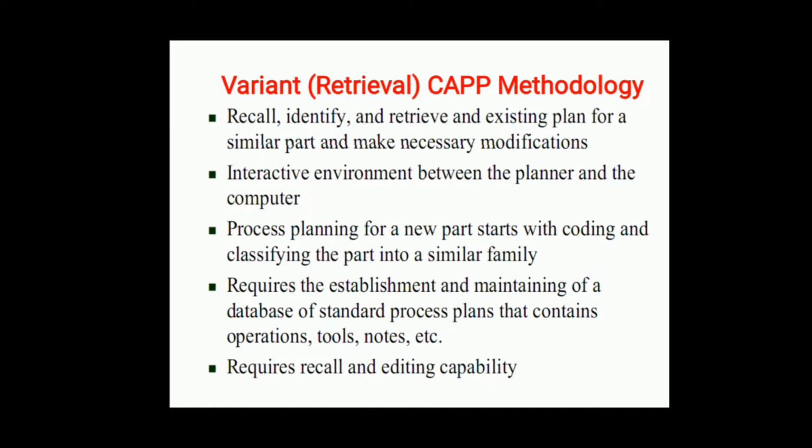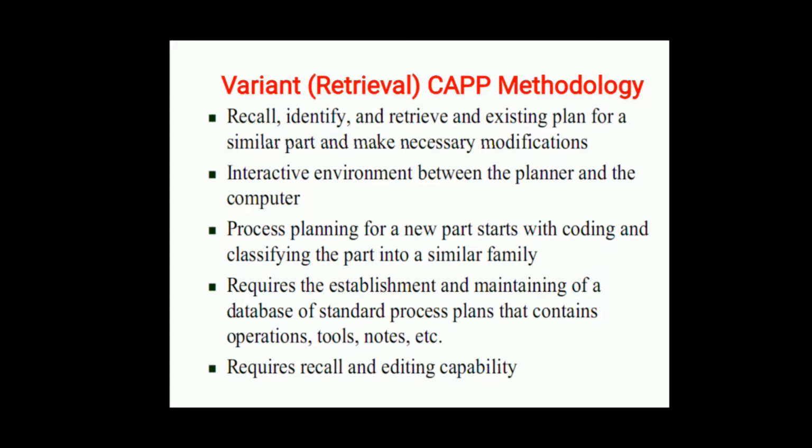Fourth, it requires the establishment and maintaining of a database of standard process plans that contains operations, tools and notes. Whatever new part we are going to create, we have to establish and maintain the database of the standard process plan.